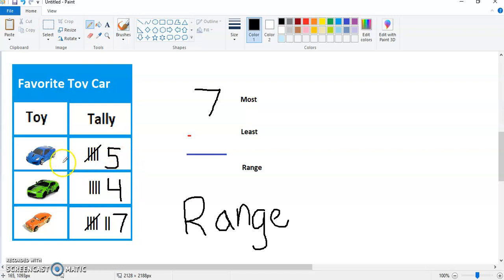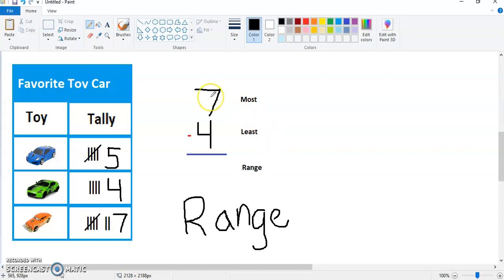So is the blue car the smallest number or the green car? The green car is the smallest number. So we're going to write that number right underneath. Down and across and down once more.